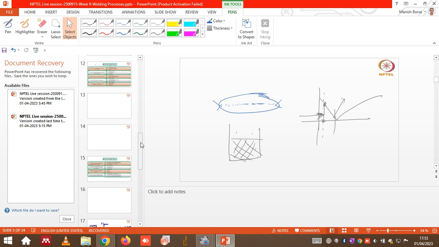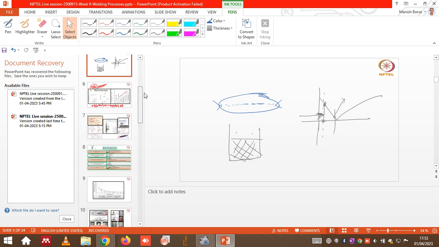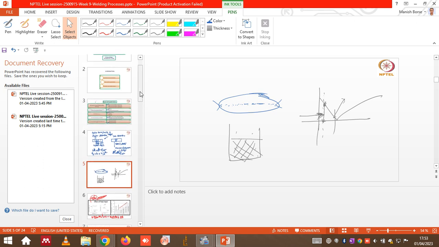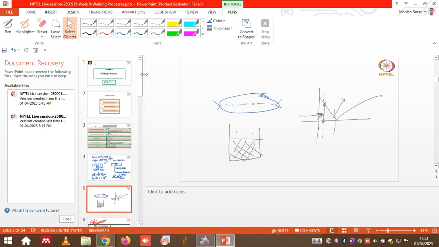Yes. Okay. And you also asked about books, so I think maybe we can discuss that later, but I have been referring to Robert Messler and other books also for welding, like Welding Technology by Little and Palmer.